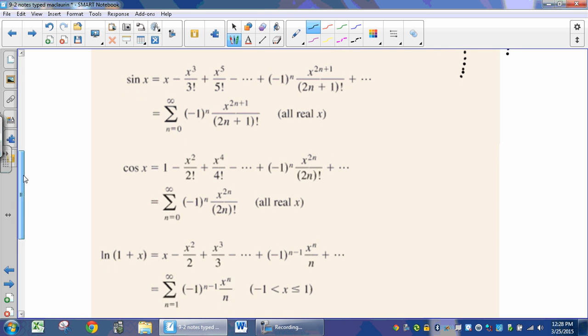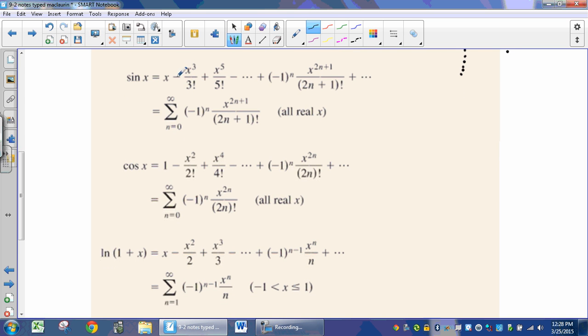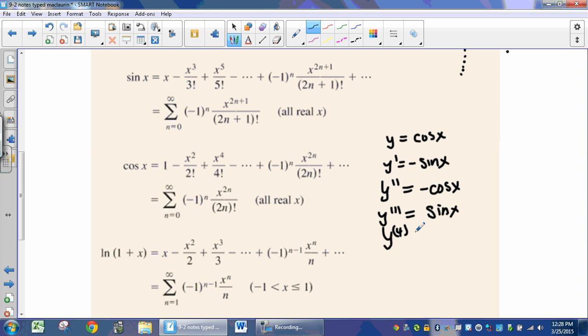Cosine, therefore, is basically the exact opposite of sine. Instead of having all odds, cosine has all evens, but it too alternates. If I have y equals cosine x, then y prime is negative sine x, y double prime is negative cosine x, y triple prime is positive sine x, and then the fourth derivative, I'm getting back to cosine x. If we evaluate all of those at x equals 0, I have 1, 0, negative 1, 0, 1.